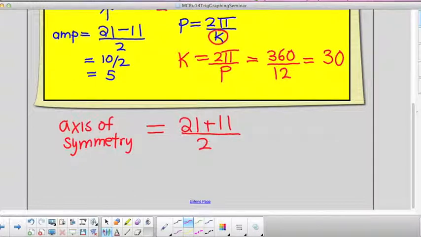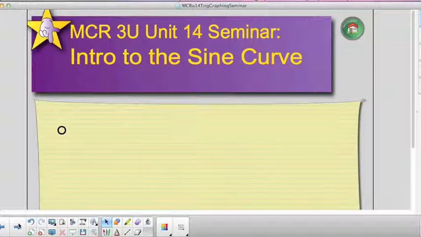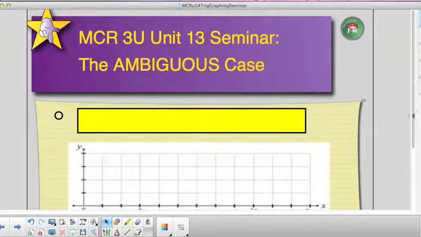So what is 21 plus 11 going to give me? 32. And 32 divided by 2 is equal to 16. So my axis of symmetry is going to go from 0 to 16. So watch very carefully as I draw the graph. I'm going to use all this information to help me draw my graph along here.